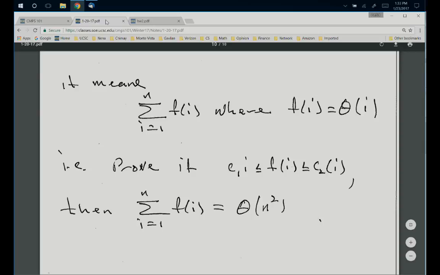Now that's possible only because we decided to put strict inequality here. Because c is positive, if this is strict inequality, then g of n must itself be positive, because if g of n were ever 0, this quantity would be 0, but that's forbidden by that inequality. So since g of n is not 0 for n greater than or equal to n naught, I can divide by it.